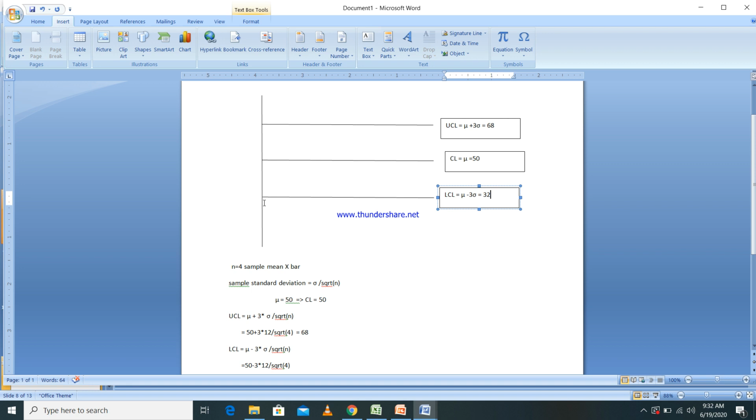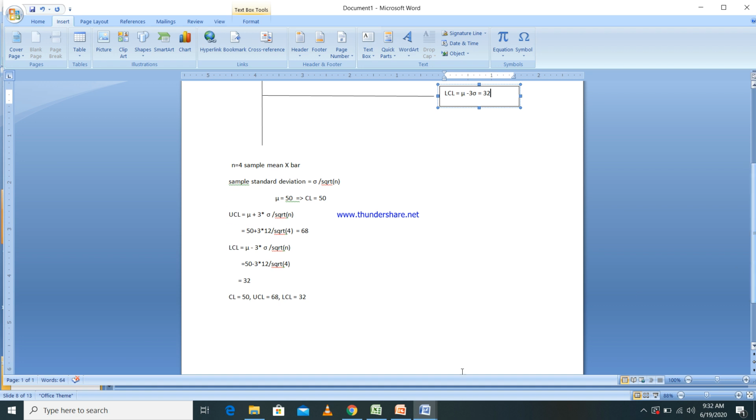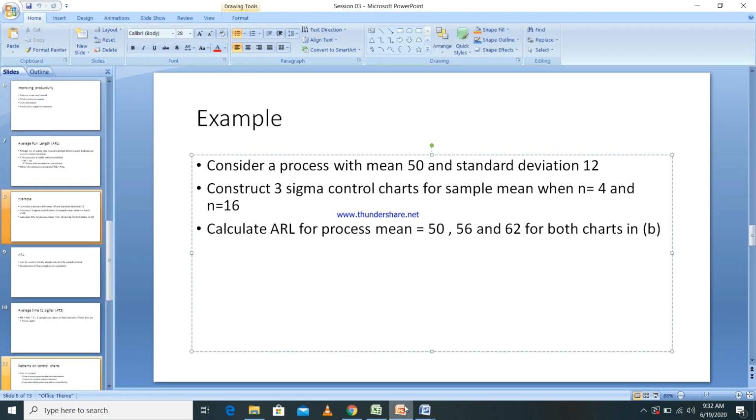And if you do the same calculation by changing the sample size, because if you check the question, you have to construct the control charts when the sample size is equal to 4 and when the sample size is equal to 16.